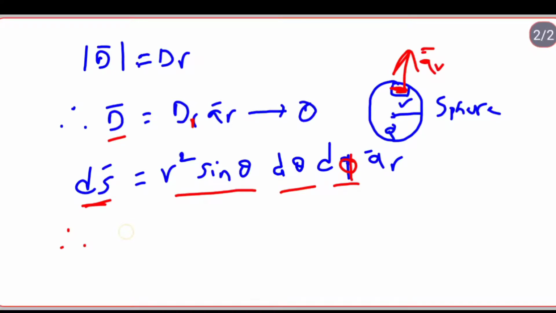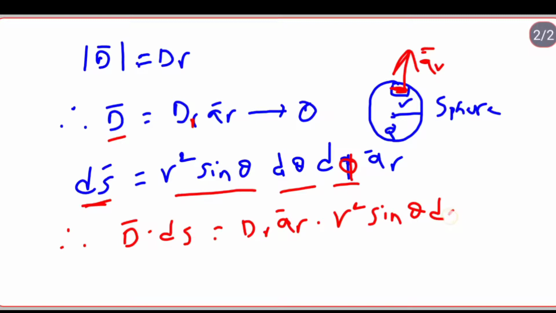Now we substitute and take the dot product D dot dS, substituting equation 1: Dr ar dot r squared sine theta d theta d phi ar. The third step is to take the dot product.